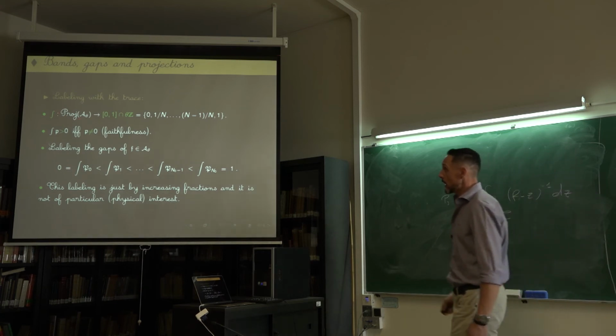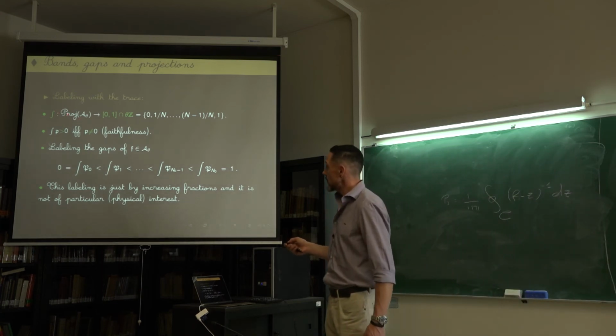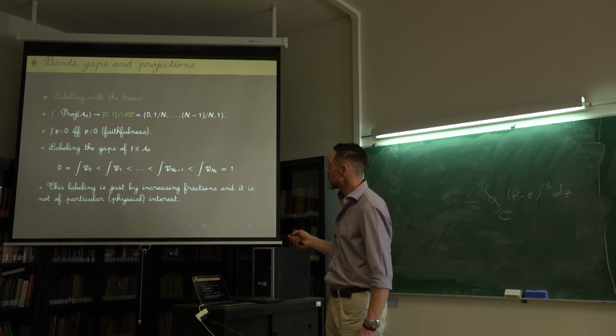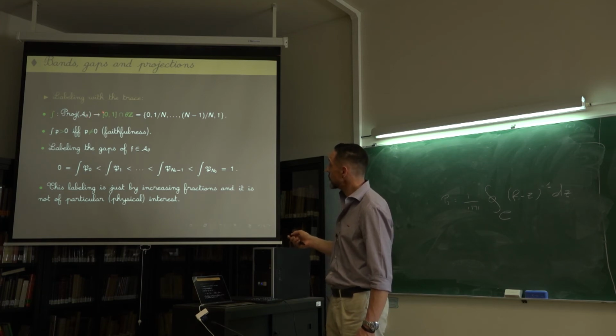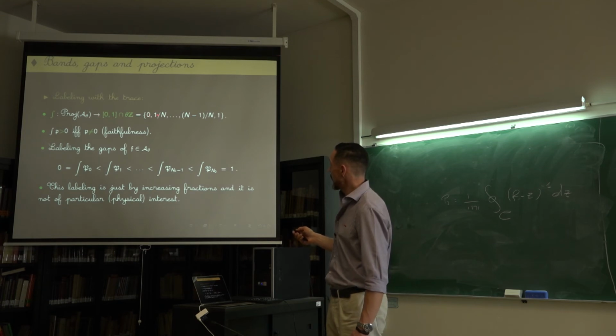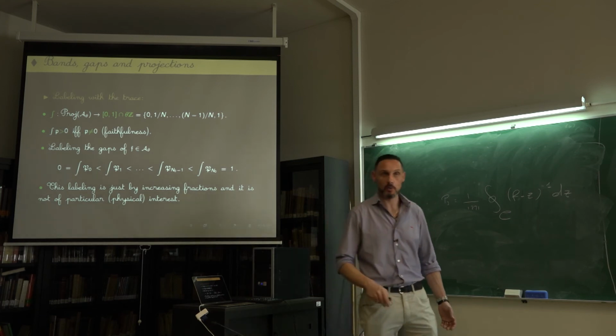Now, the trace associates to each projection in the C-star algebra a number which is in this set. And when theta is rational with denominator n, the only possible values of the trace of this projection are 0, 1 over n, 2 over n, up to 1. These are the only possible numbers.